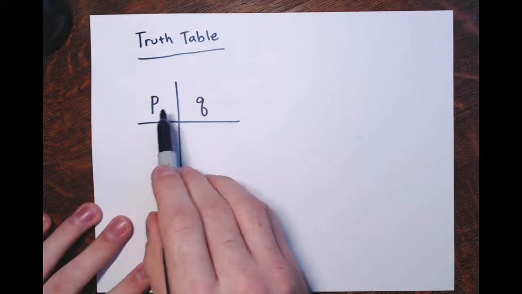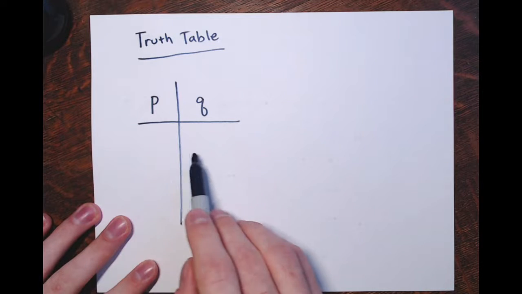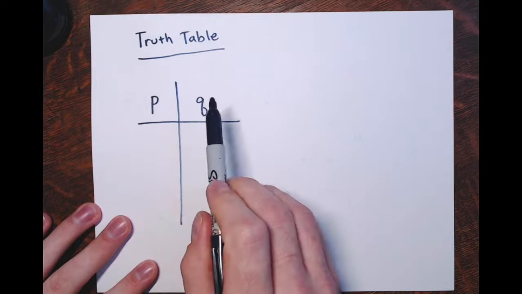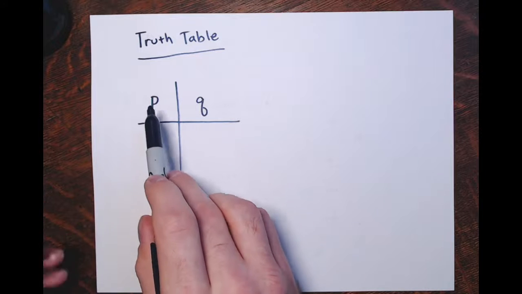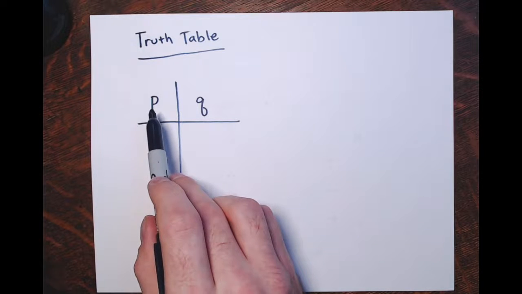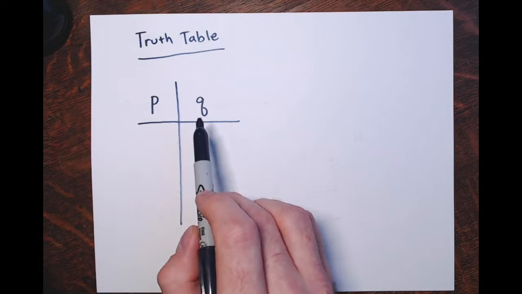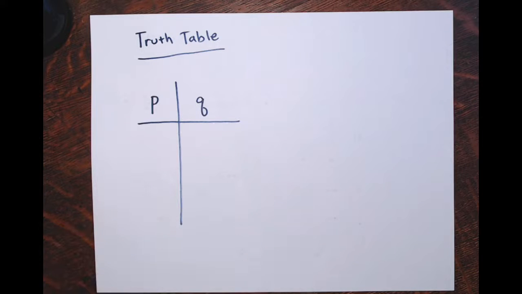And since there are two propositions, the number of rows you're going to have is 2 times 2, which is 4. For every proposition, you're doubling the number of rows you need to make, because the possible values for P are T or F. There are 2 choices for P times the 2 choices for Q, giving me a total of 4 combinations of truth values.